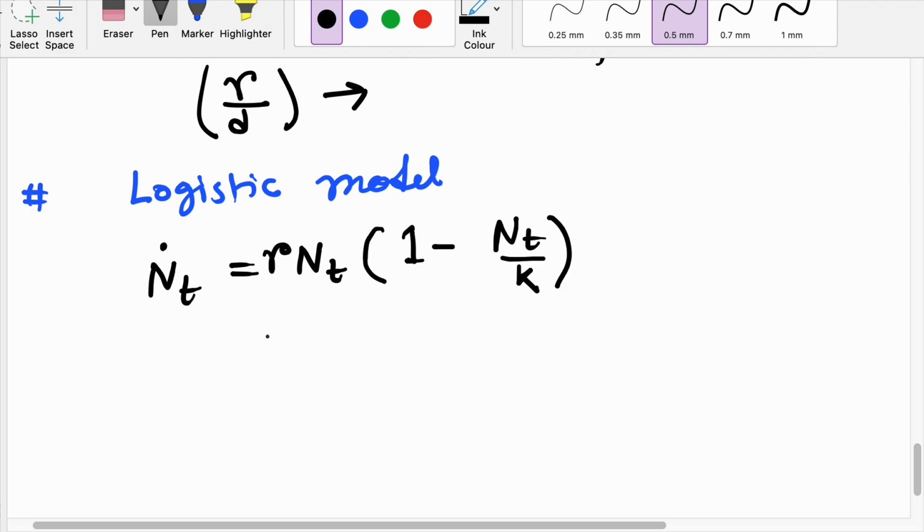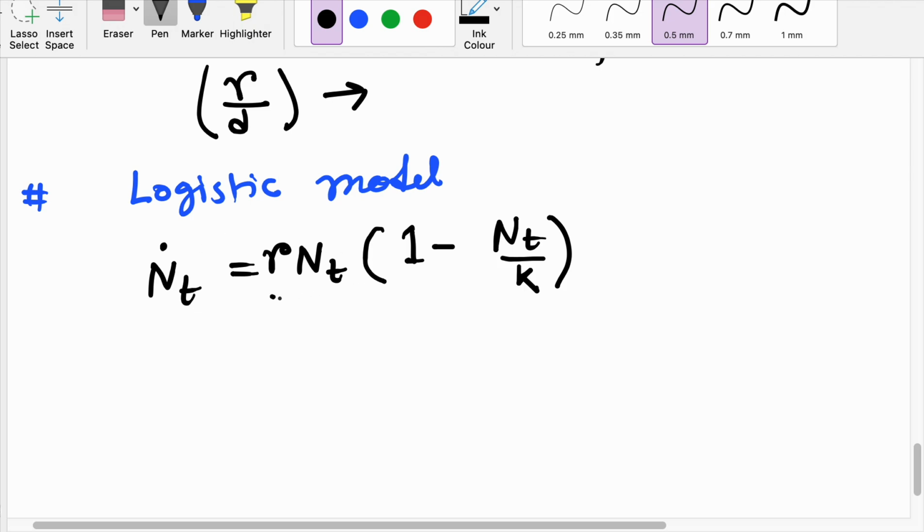This equation is not unrealistic at all, because in my previous course I have shown that there are a lot of examples whose reproduction you can model through this equation. This is called the logistic equation.